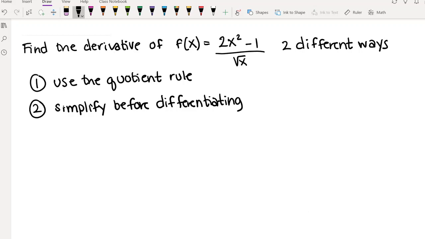And in both cases, we're going to need to have our answer written in a simple way. So basically what we're going to see is that when we use the quotient rule, the first step is fine. You'll get to your derivative, but then when you go to simplify it, it's going to take a good amount of work to simplify it. Whereas if you simplify before you take the derivative, it's just going to make everything a lot easier.